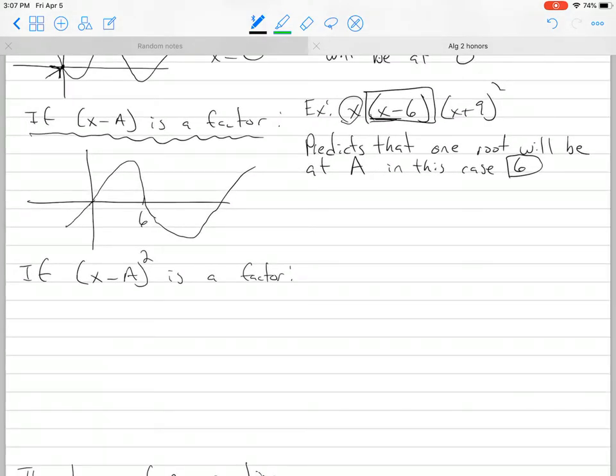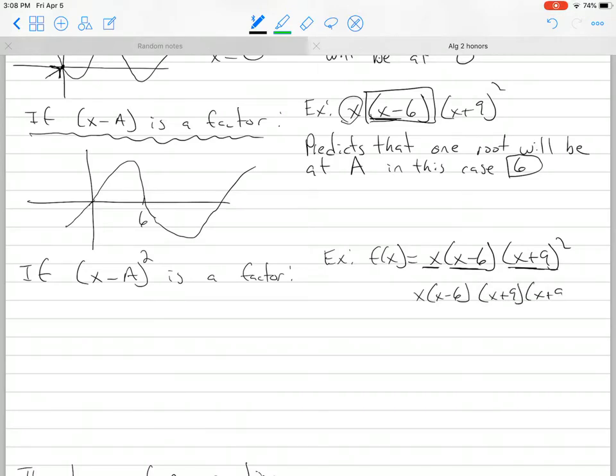Finally, what if x minus a squared is a factor? I'm going to work with this same one: f of x equals x times x minus 6 times x plus 9 squared. So far I have 3 roots. But actually this is a double root, because really this means x times x minus 6 times x plus 9 times x plus 9.